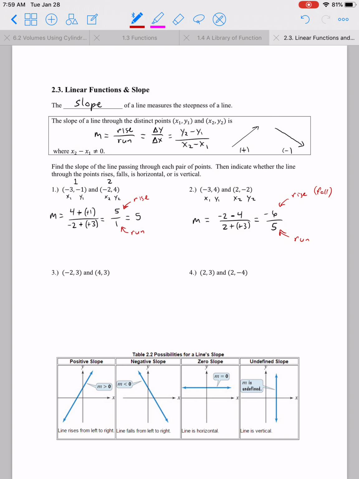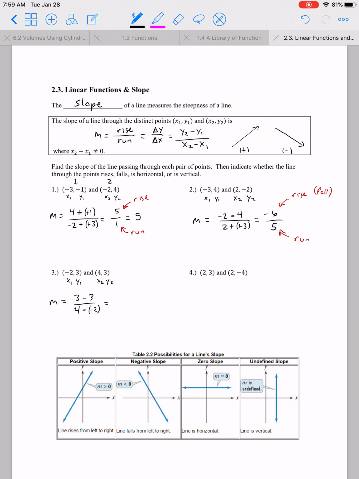Okay? Now the next one, try another one here. This is x1, y1, x2, y2. And so slope is going to be 3 minus 3, that's y2 minus y1, over x2, which is 4, minus negative 2.